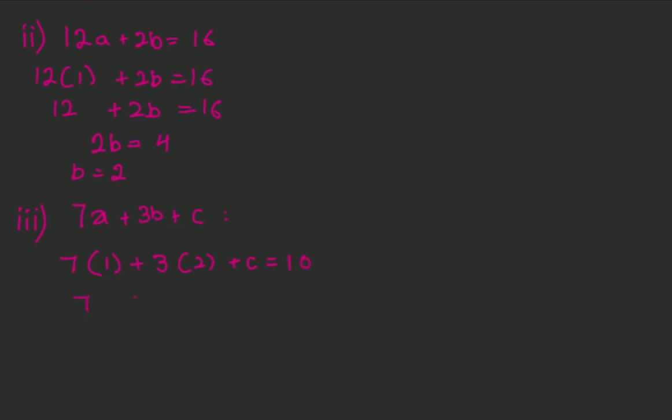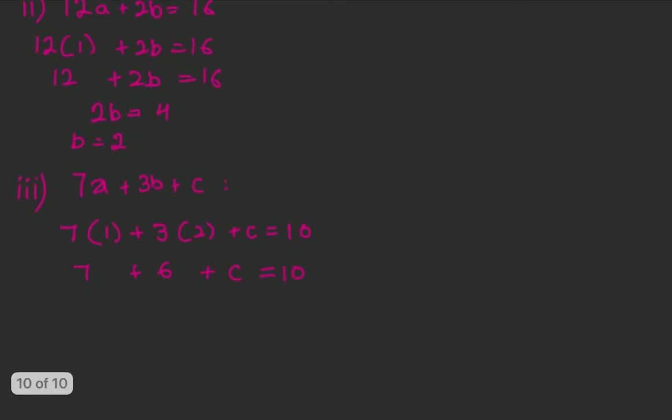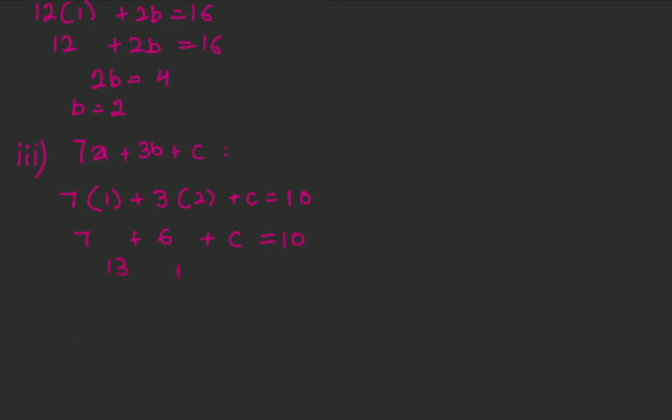So 7 plus 6 plus c equals 10. That's 13 plus c is equal to 10. So therefore c is equal to negative 3.